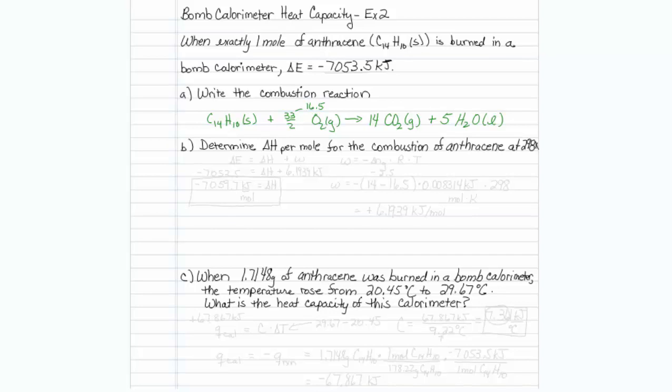Determine delta H per mole for the combustion of anthracene at 298 K. Okay, you may recall that energy change is equal to enthalpy plus work. We are given the energy change for 1 mole, that is minus 7,053.5.